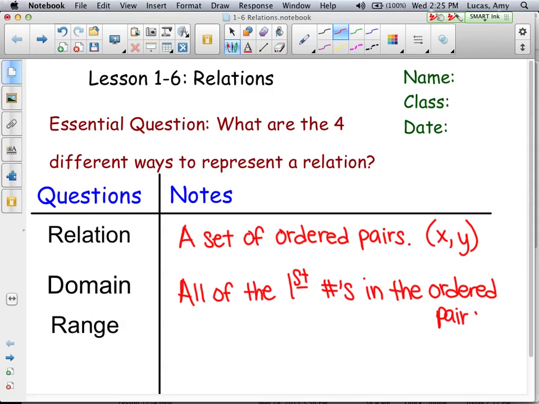And then the range, of course, is all of the second numbers in the ordered pairs, which would be the y values. So domain are the x values and range the y values.